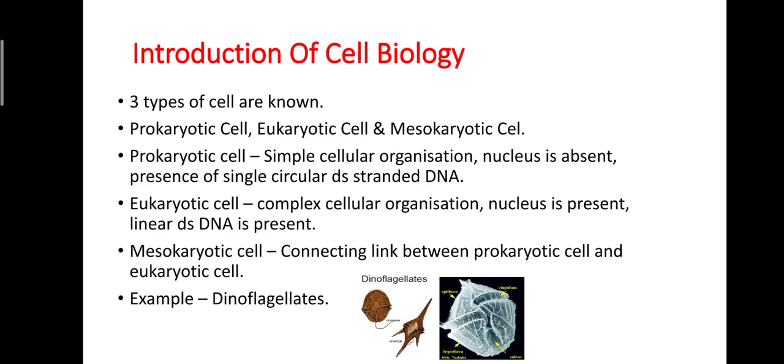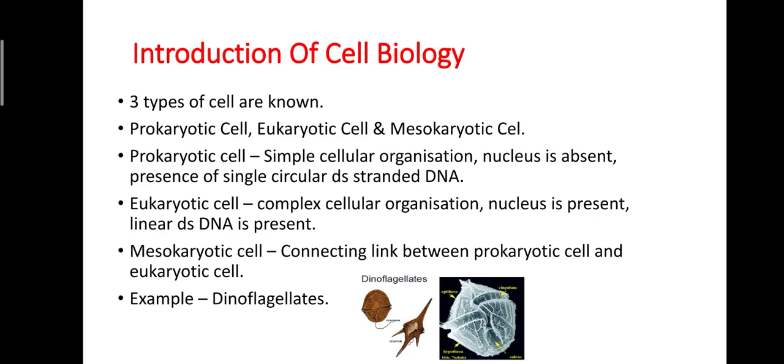A cell organelle is a compartment of the cell, or you can say a department of the cell, to perform a specific function to maintain the continuity of life. Right? Then a true nucleus is present, which has a double membrane, and inside the nucleus a complex structure of DNA is present, which is linear and double stranded.